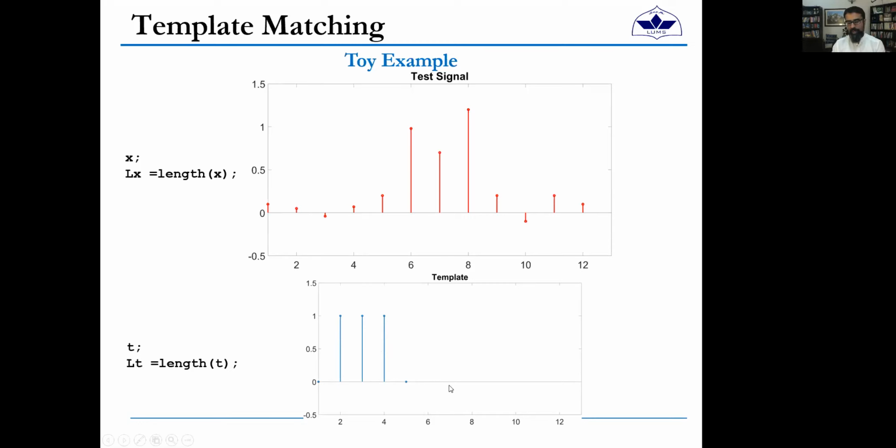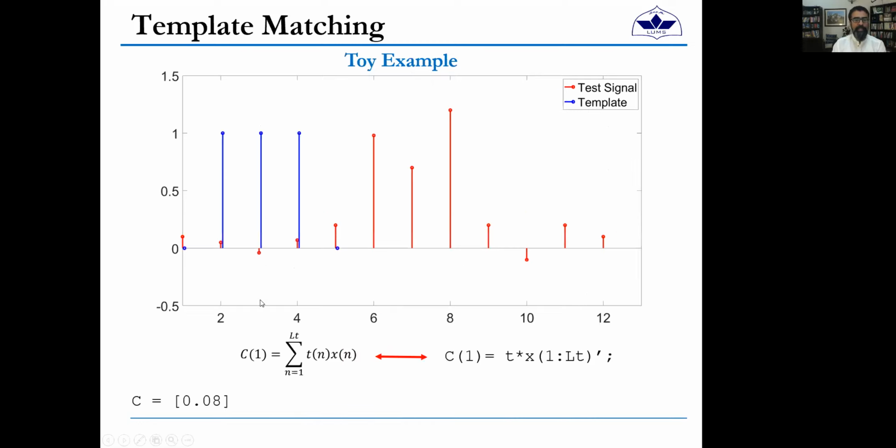What do I do? One of the solutions I could employ is, okay, let me just place the test signal as it was, and then place the template signal here, and let me compute the correlation of the blue signal with the red signal in which it overlaps. Okay?